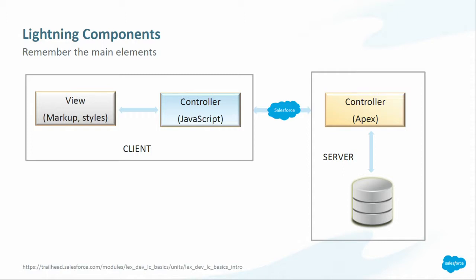The view is the file in an XML format, with XML tags that give you the layout of your component. Then we have the JavaScript files in the bundle, and those are the controllers that listen to the events that happen in your visual interface, and they will also connect to the backend if they need to retrieve any information from your Salesforce database.